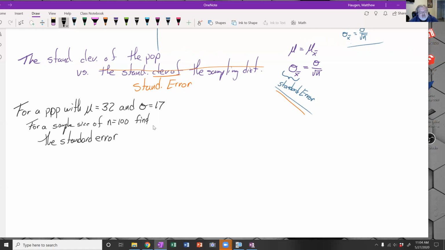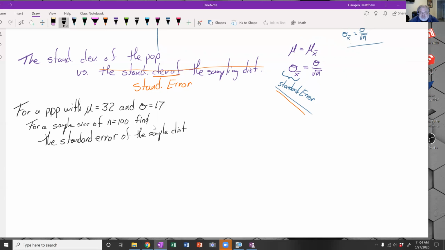Now, it would be common to say find the standard error of the sampling distribution, but it wouldn't be necessary. Standard error means you're in the sampling distribution. But for politeness, they will often say find the standard error of the sampling distribution. But what is standard error?